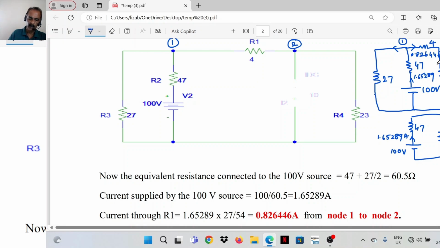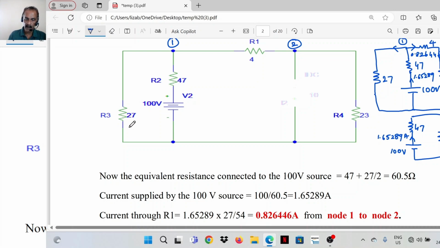So I'll tell you once more. First we have to simplify this circuit. So 100 volt source in series with its 47 ohm resistor. We are replacing the current source with an open circuit. And the right side total resistance is 23 plus 4, that is 27. Left side also 27.